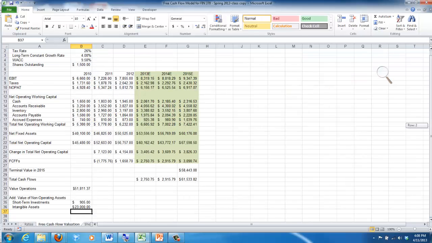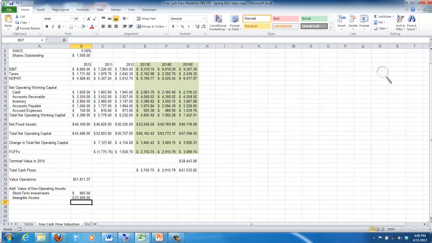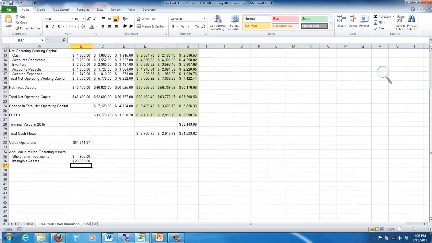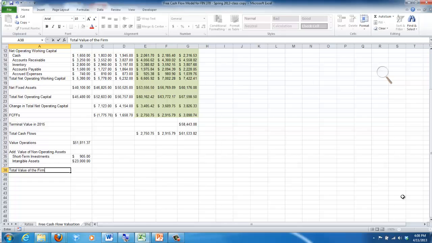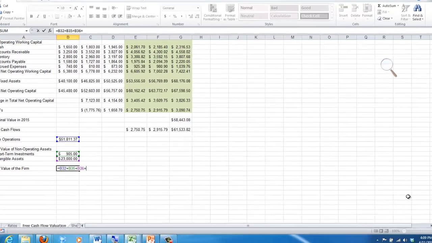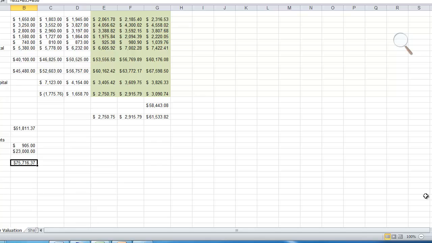So we're going to take the value of operations and add in the value of non-operating assets to get our total value of the firm, which will be equal to 51,811.37 plus 905 plus 23,000, giving us a total value of the firm of 75,716.37.